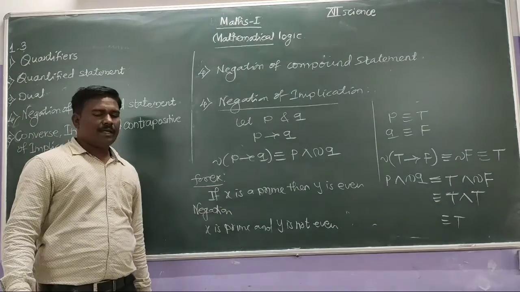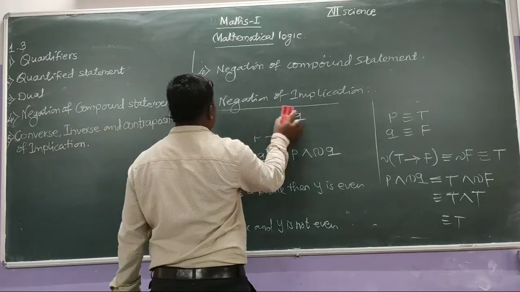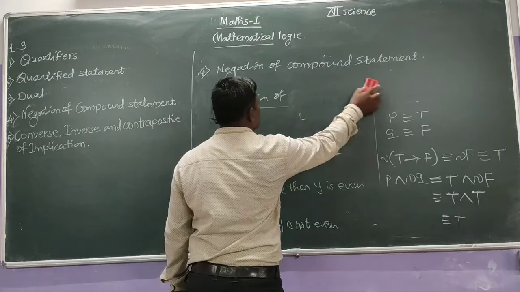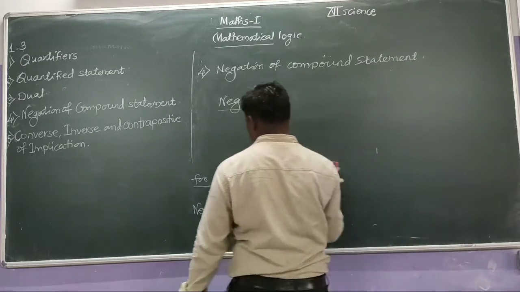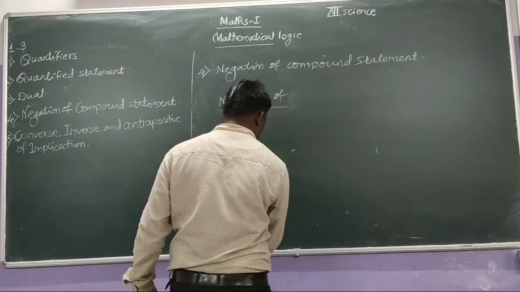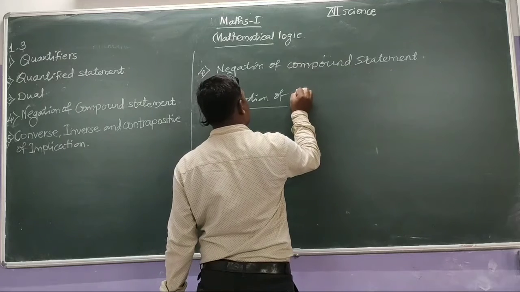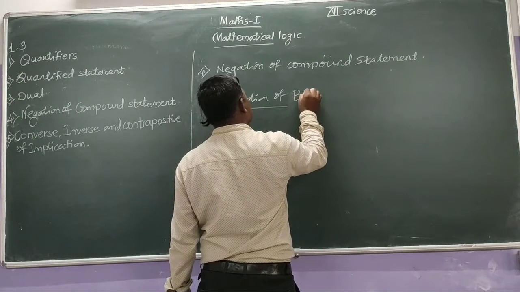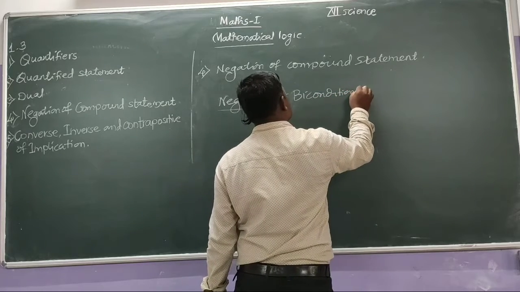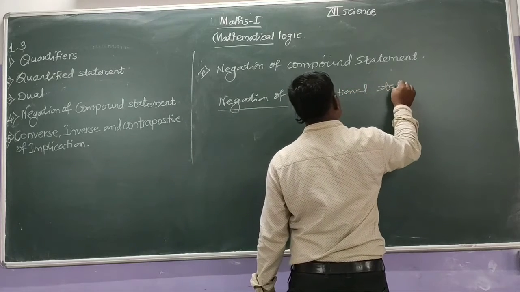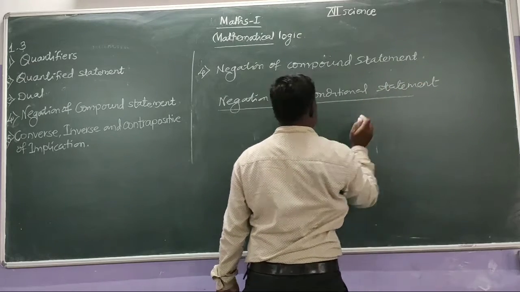Okay. Next thing, that is the last, that is the negation of the fifth one, that is the negation of biconditional statement or double implication.